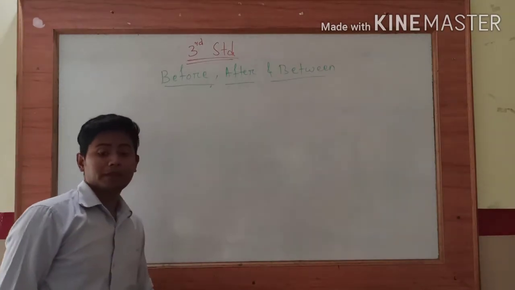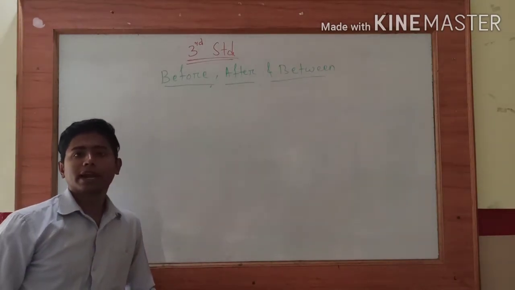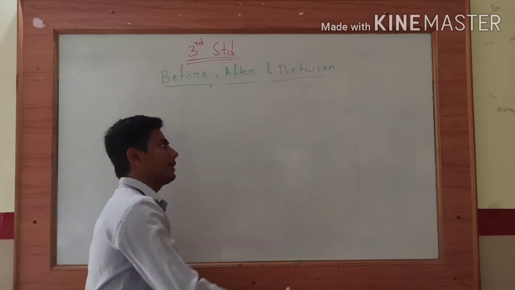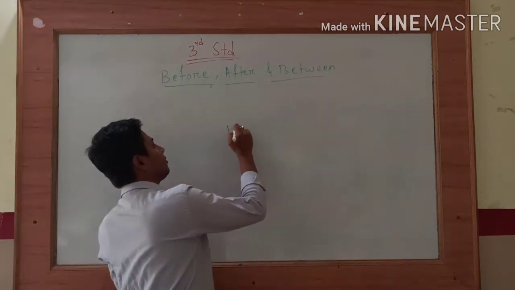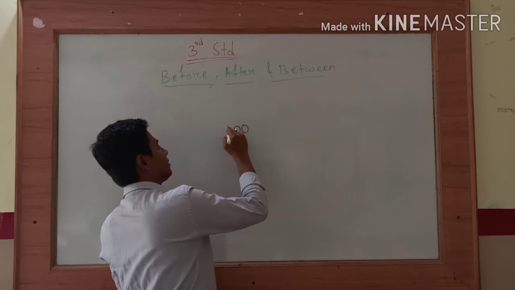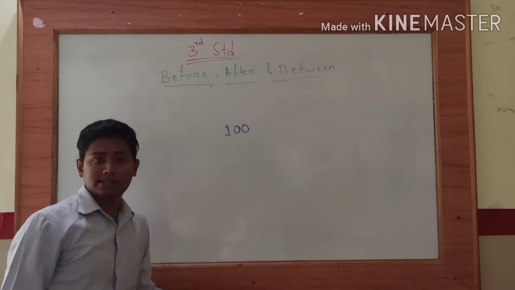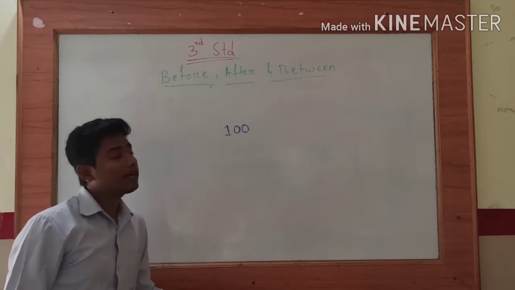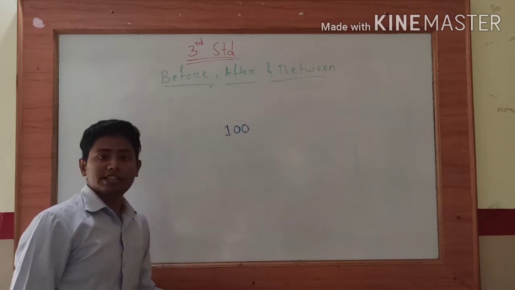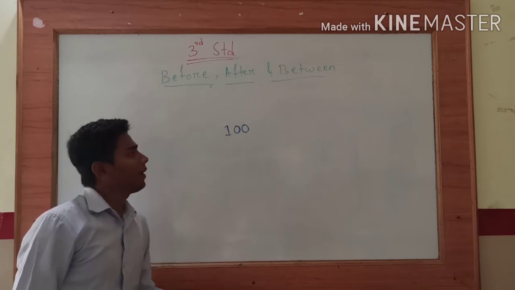Now, if the given number written here is 100, we have to find the predecessor, the back number of 100, and the successor, the next number of 100.